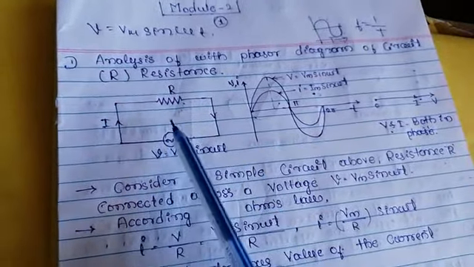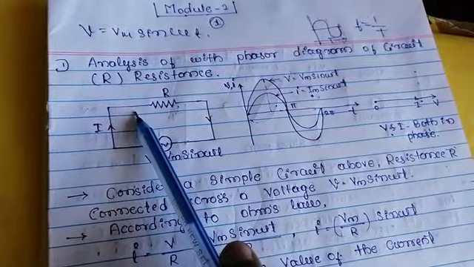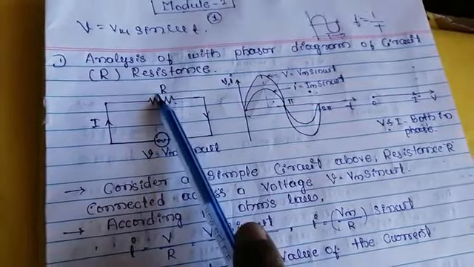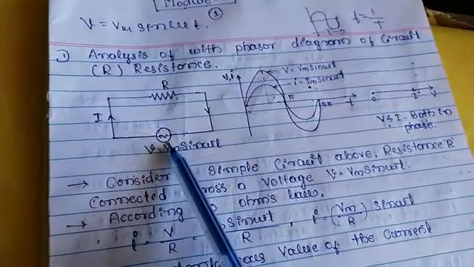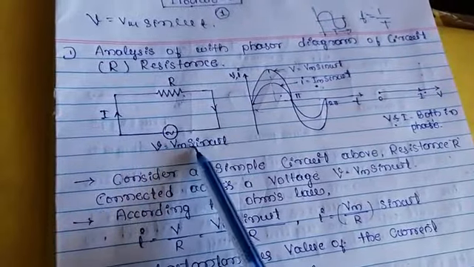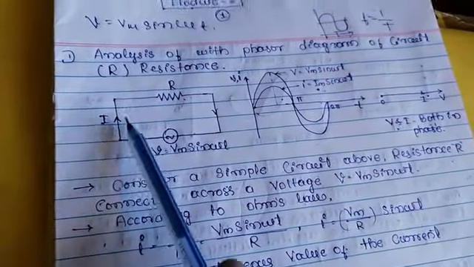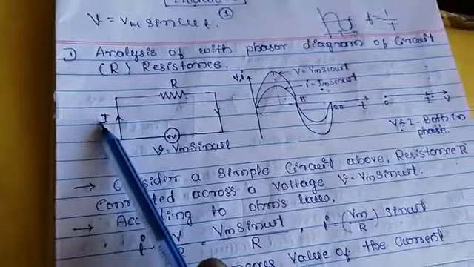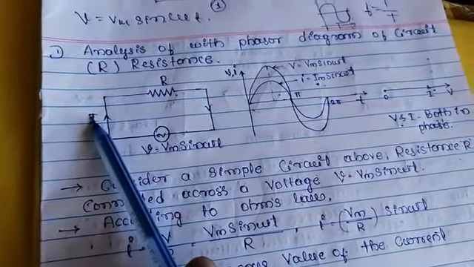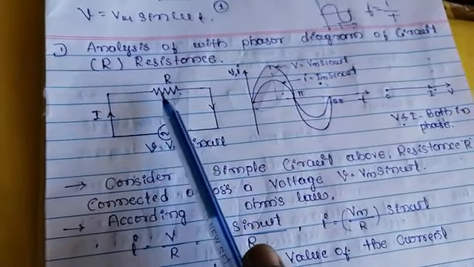See here what we have connected. Here we have connected resistor R. We are giving the input supply Vm sin ωt. The current flowing in the circuit is I amperes. The concept is clear.